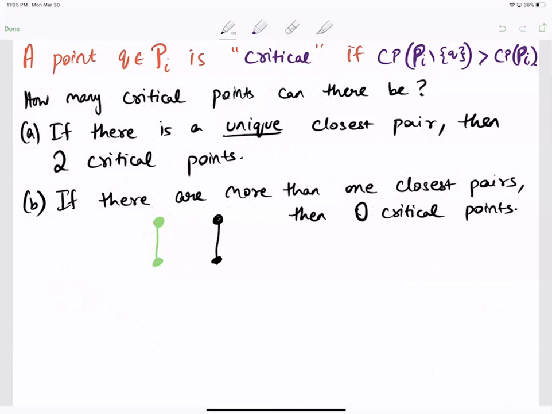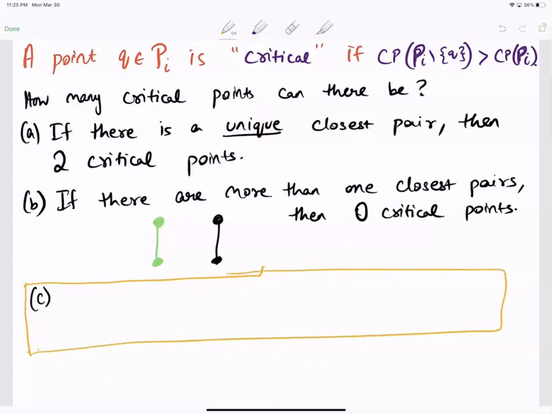Okay, so I'll not give you all the details. Now, let me give you an exercise. Please try to solve this. It can also happen that there is exactly one critical point.